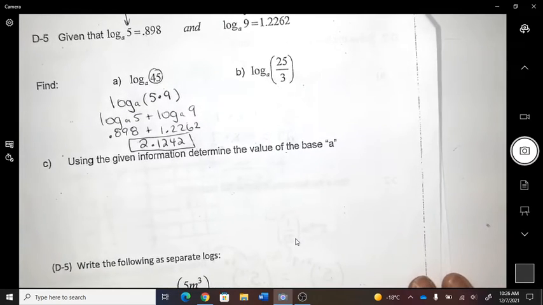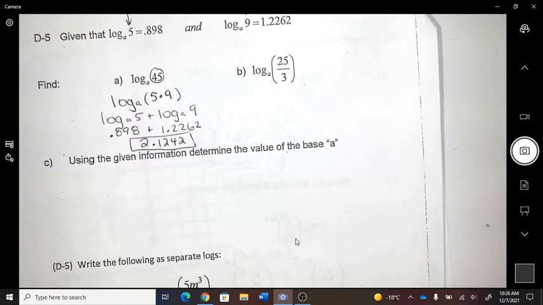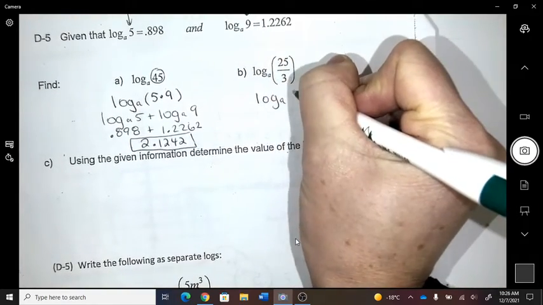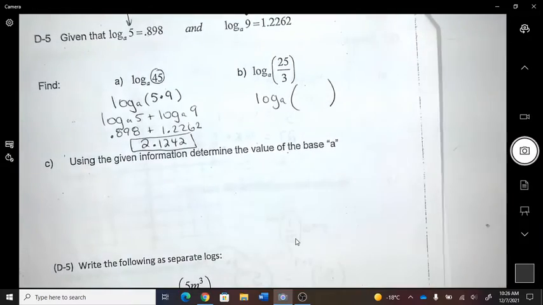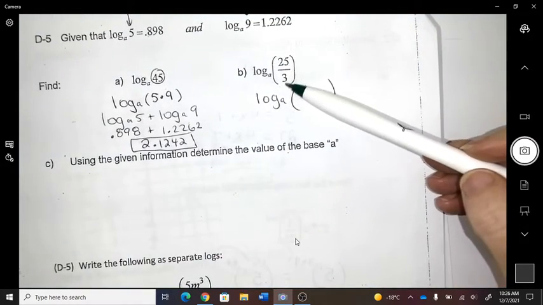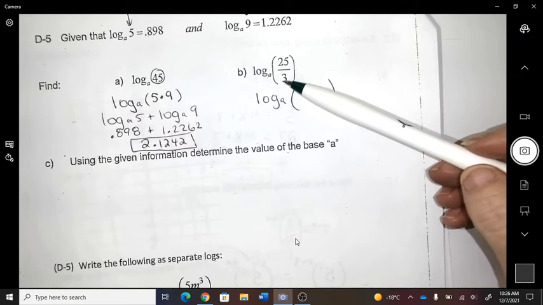Okay, next. Okay, so there's a 25 here and a 3 here, but I can't use those numbers. I can only use 5s and 9s.